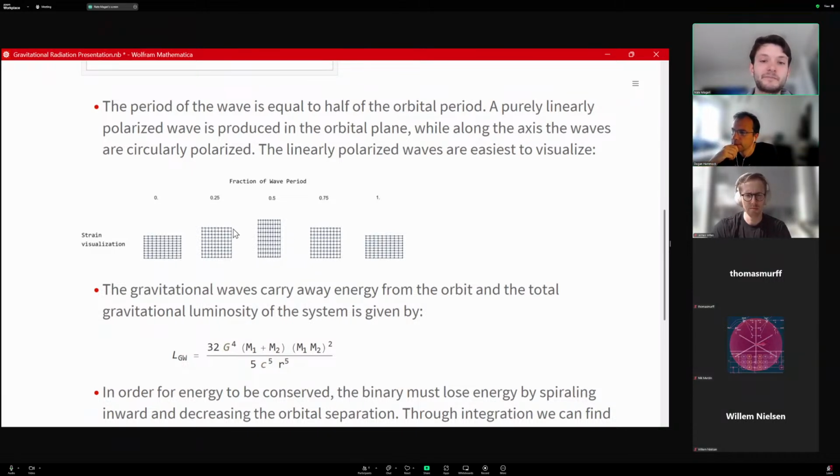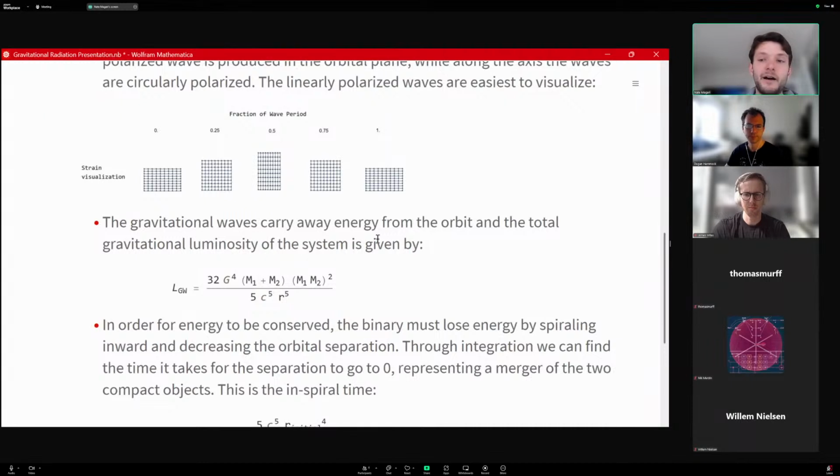Exactly, yeah. So this is like a two-dimensional slice of a space that a gravitational wave is passing through. And we could think about setting up our interferometer along these axes. But if we set it up at 45 degrees, we wouldn't be able to detect it.